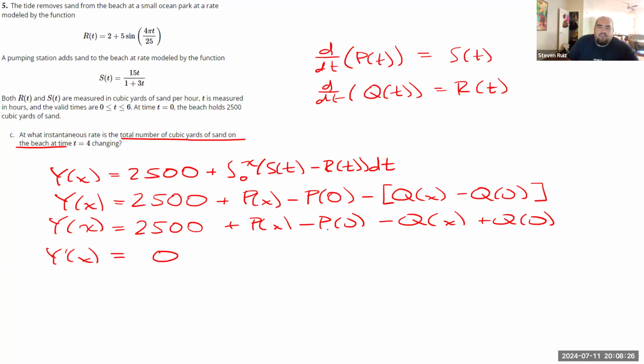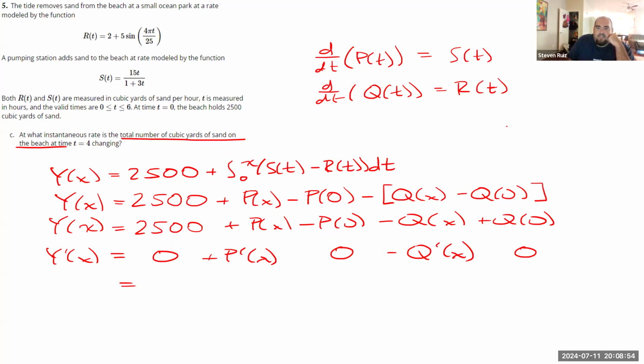P naught, or P of 0, I don't even know what the definition of this function P is. But I know if I evaluate it at a definite value, that'll go to 0. Same with Q of 0. But what I really have is y prime equals P prime of x minus Q prime of x.